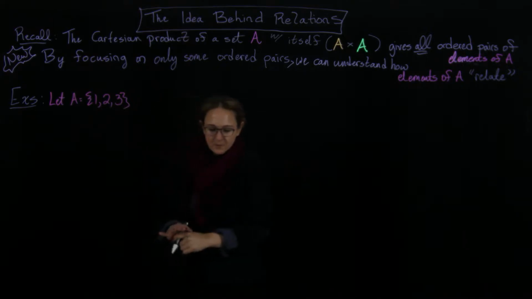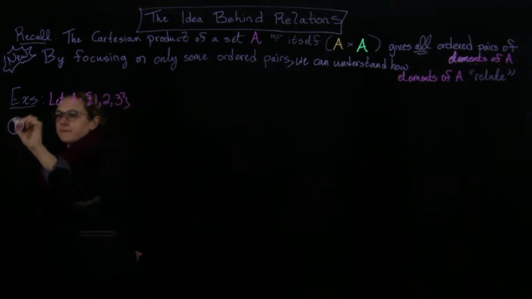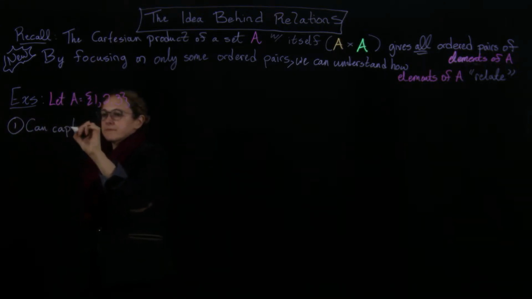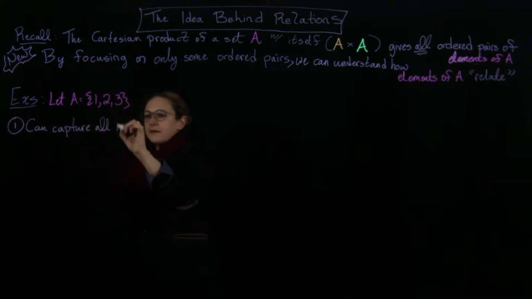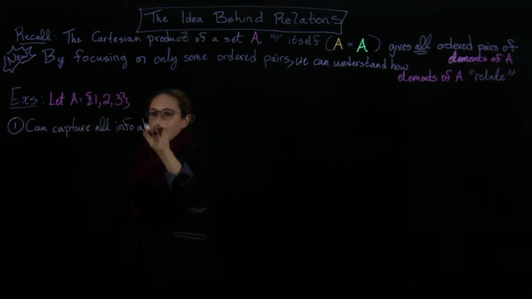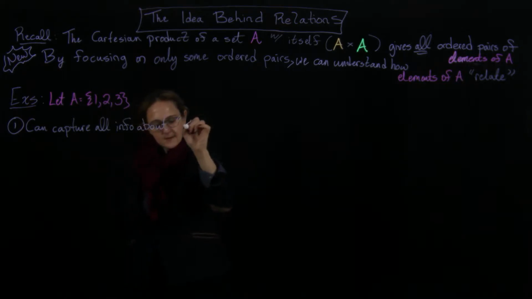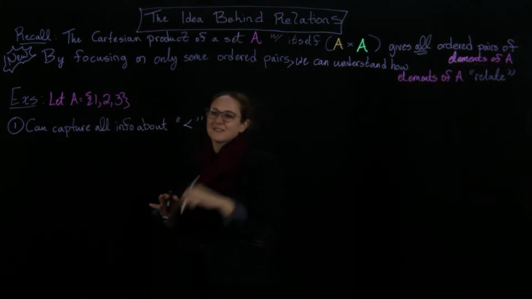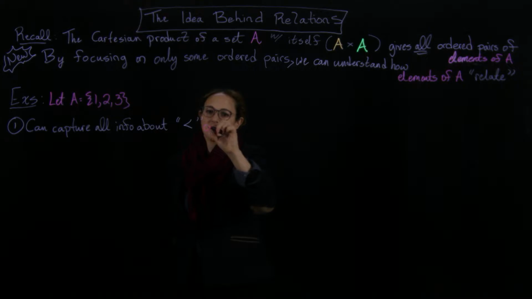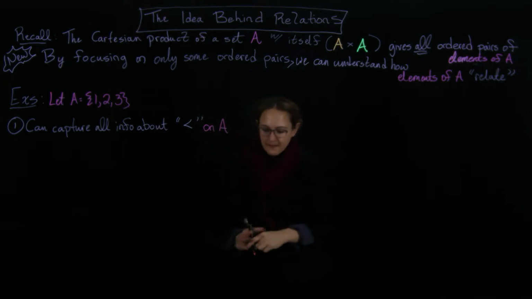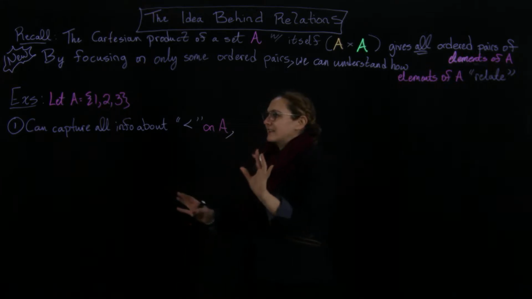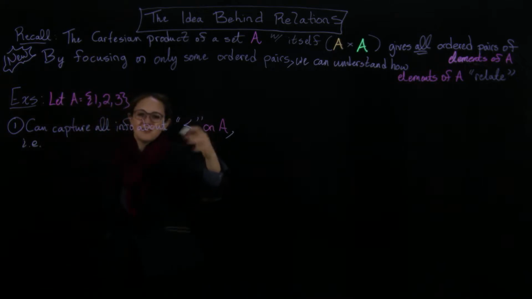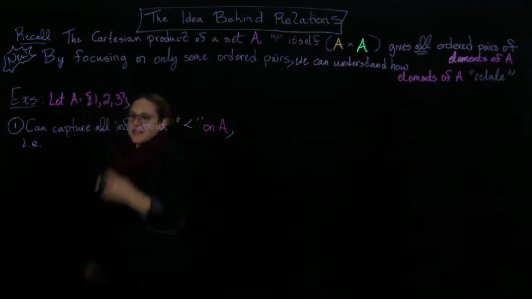So we can capture all the information about this less than symbol on A. So what is this information, right? What is the information of less than in here?